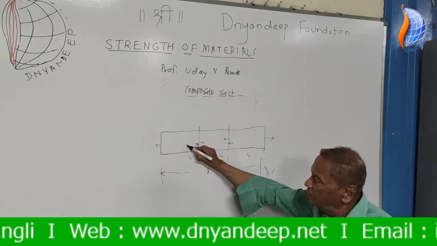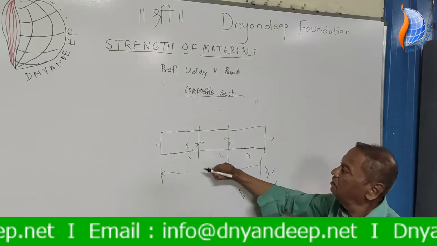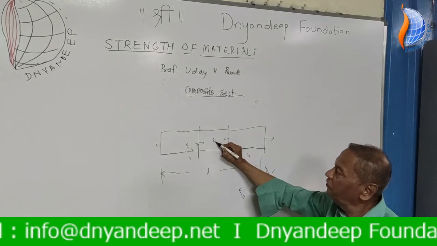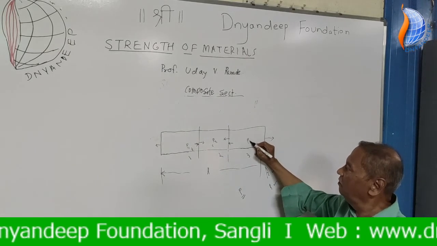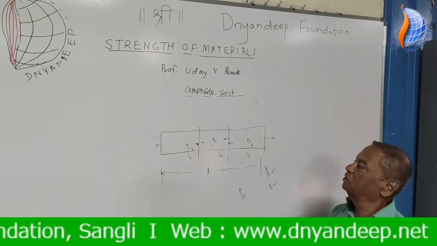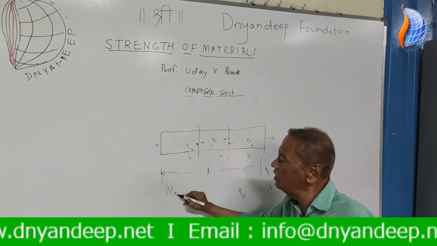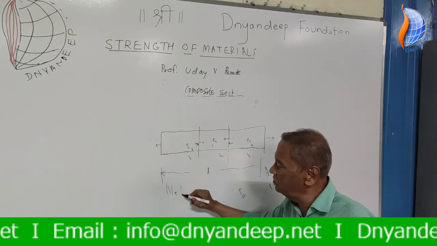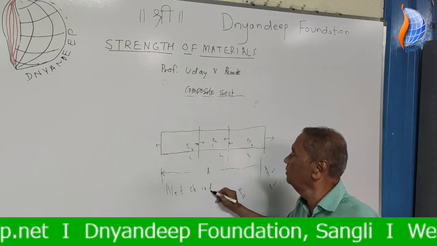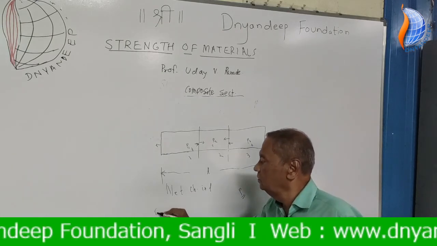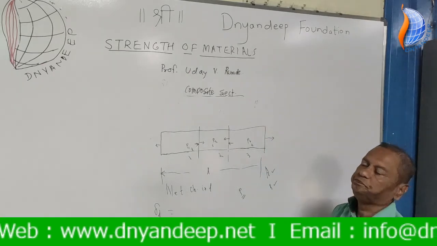So this is P1 tensile force, this is P2 compressive force, and this is P3 again tensile. To find net, we won't say total, but we will say net change in length or delta.